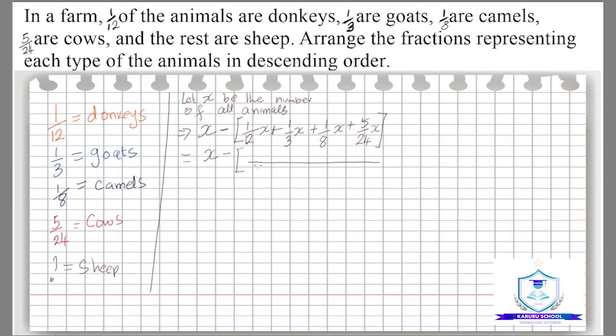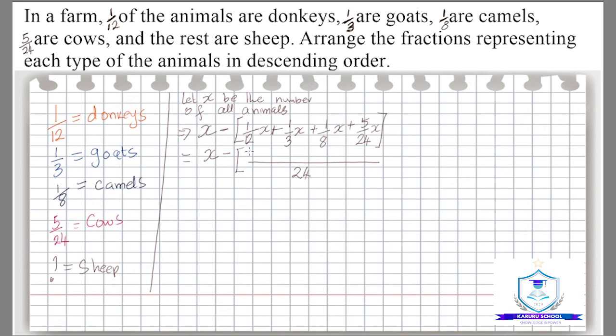So we'll have the LCM, the least common multiple of 12, 3, 8 and 24. This will give us 24. I'll put in the description below a presentation on how to find the LCM of numbers. For now, 24 is the LCM of 12, 3, 8 and 24. After you get the LCM, take 24 divided by 12.